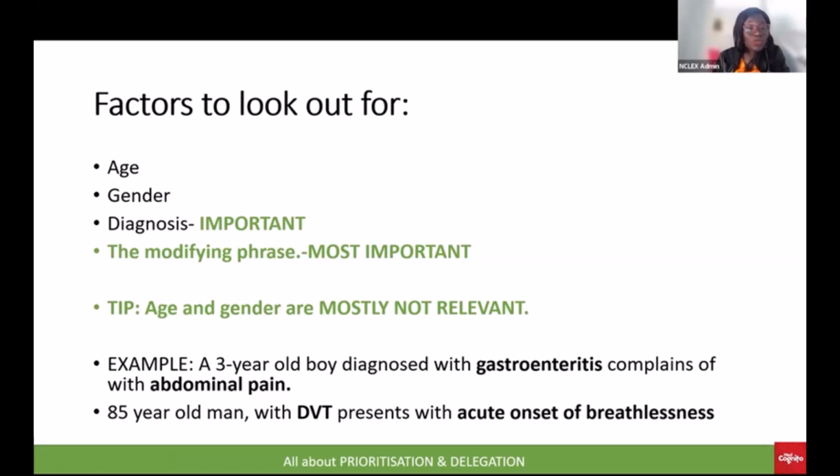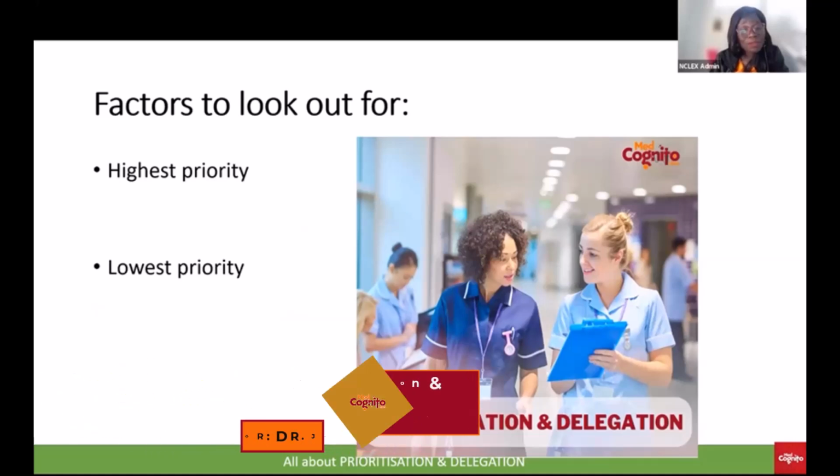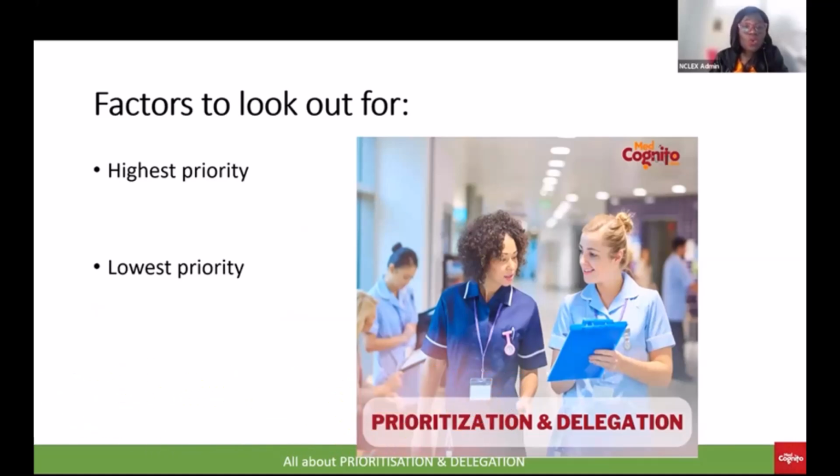So with these two cases, you are going to prioritize the 85-year-old man and attend to him because he can die fast. I hope we are getting it so far. So as I rightly explained, look out for the client who will be your highest priority and who will be the lowest priority.